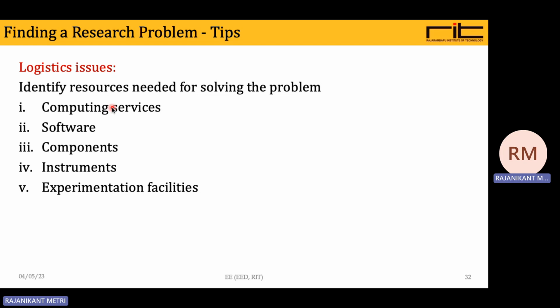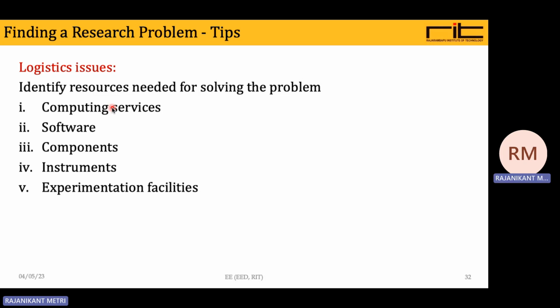These are necessary while conducting the experiments for validation of your solution. For example, solar panels or certain integrated circuits, human volunteers for behavioral experiments, or even the funds available for carrying out that proposed project is also very important. And these are all logistic issues.